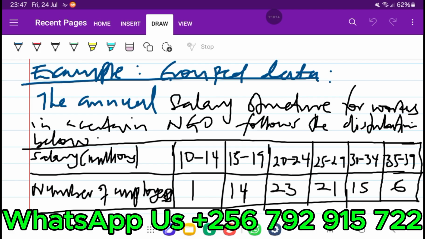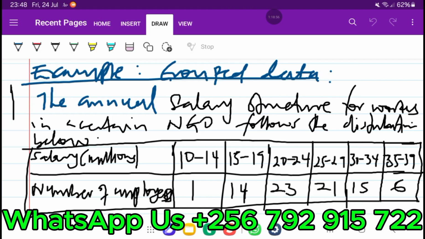So the required, we are going to calculate the coefficient of variation, because when they ask you for the coefficient of variation, it means you are going to compute the mean, you are going to compute the standard deviation, you are going to compute the variance, and then finally you compute the coefficient of variation, because you can't compute the coefficient of variation without computing all those items.